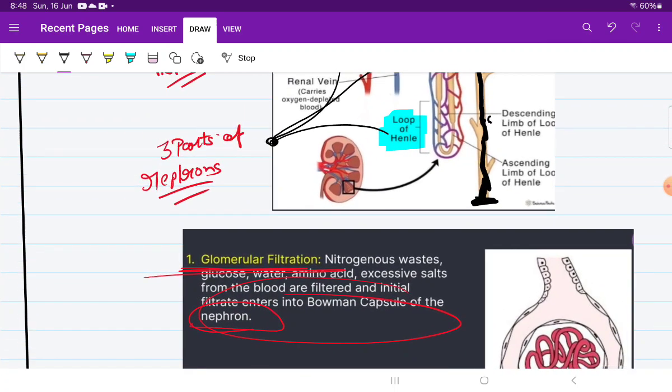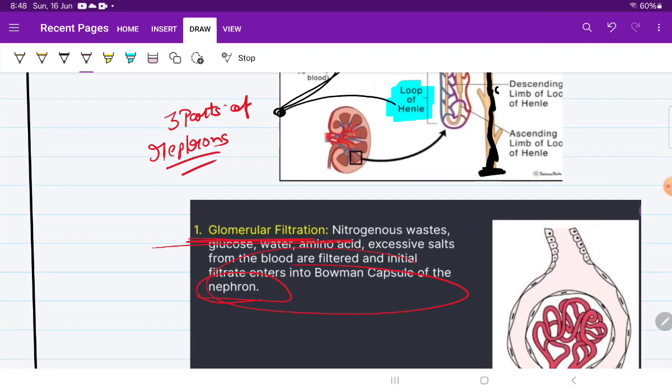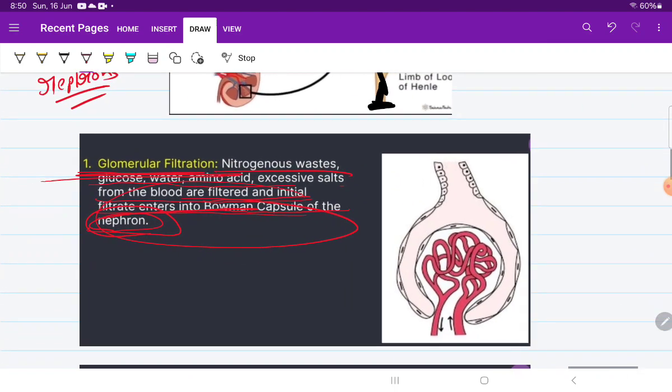Now let's see deeply. Glomerular filtration. Nitrogenous waste, glucose, water, amino acids, and salt from the body are filtered into the Bowman's capsule. Okay, students, this is the initial filtration into the Bowman's capsule of a nephron.